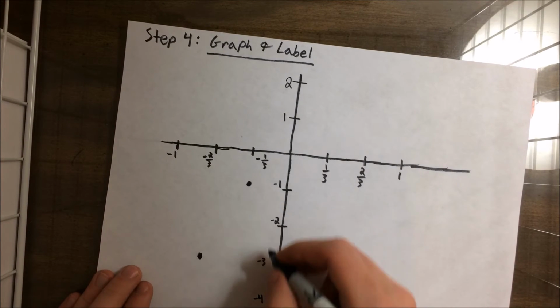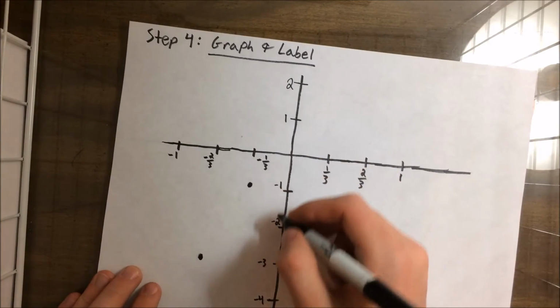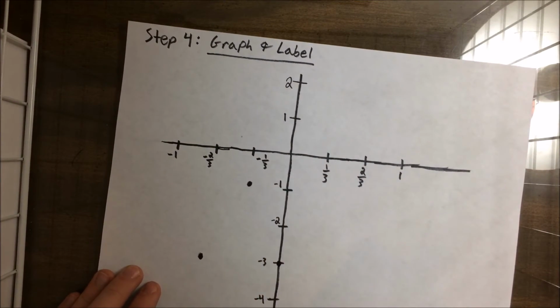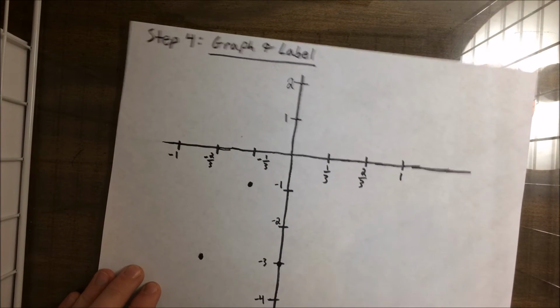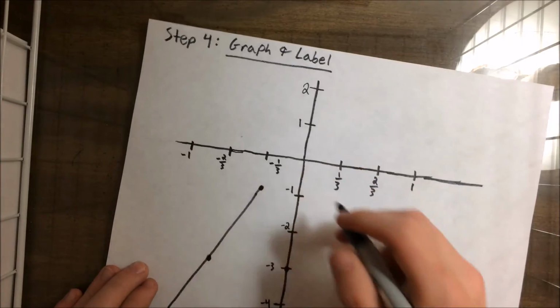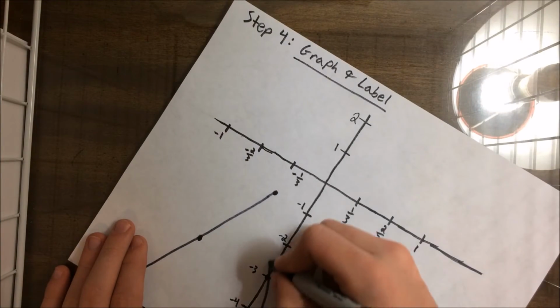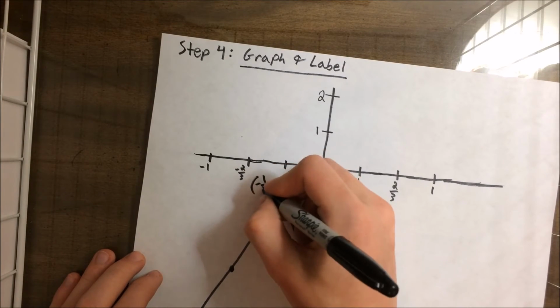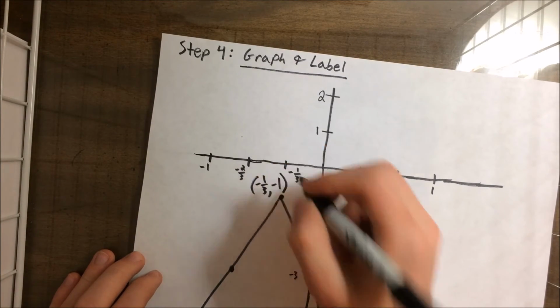And then at 0 it's -3, and at 1/3 it's -5. Okay, so then it would just be a straight line from there to there, and there to there. And this is your vertex of (-1/3, -1).